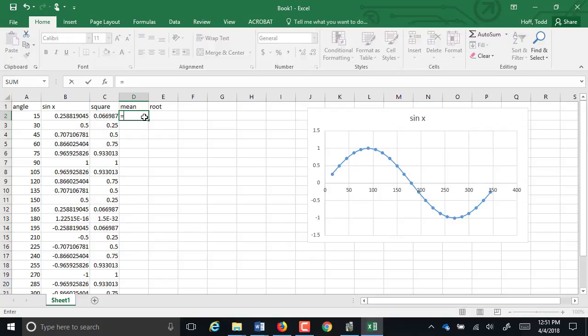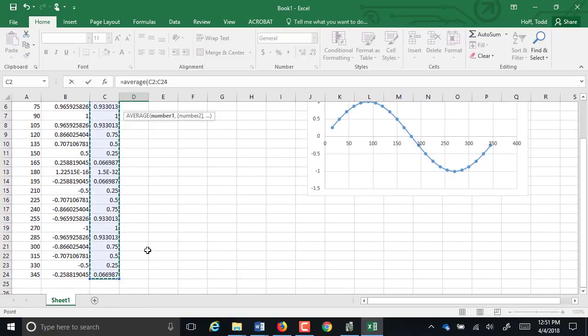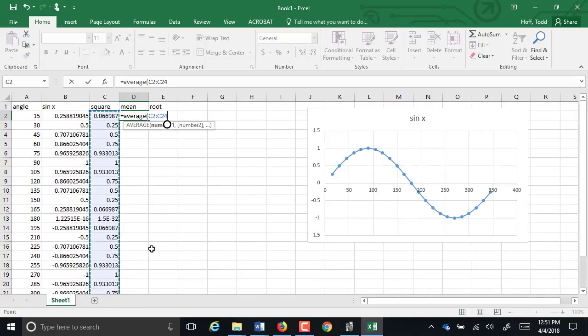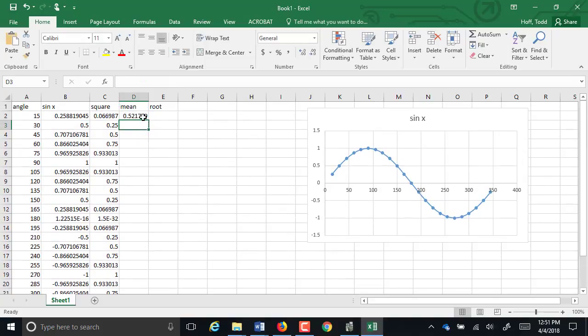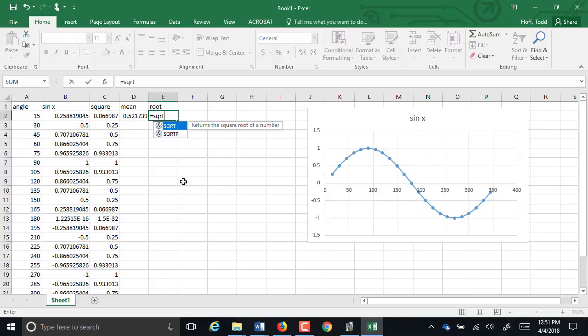The mean means you find the mean of those squared values. So it comes out to 0.52 whatever. The root means then you take the square root of that mean, you get 0.72.